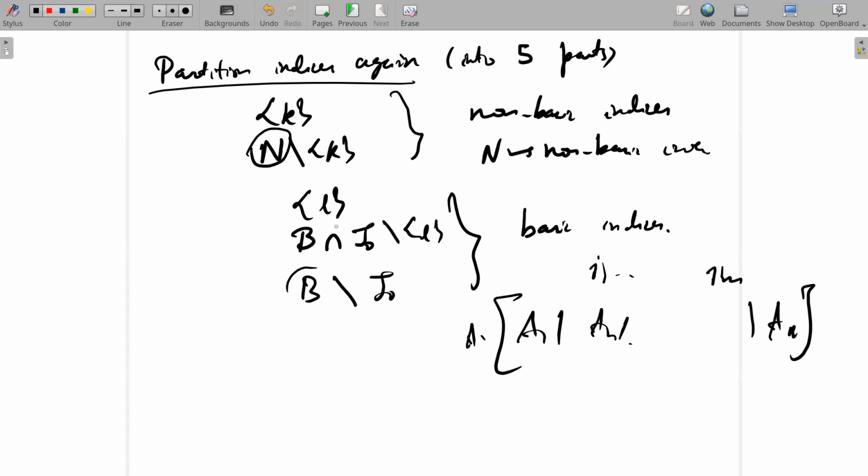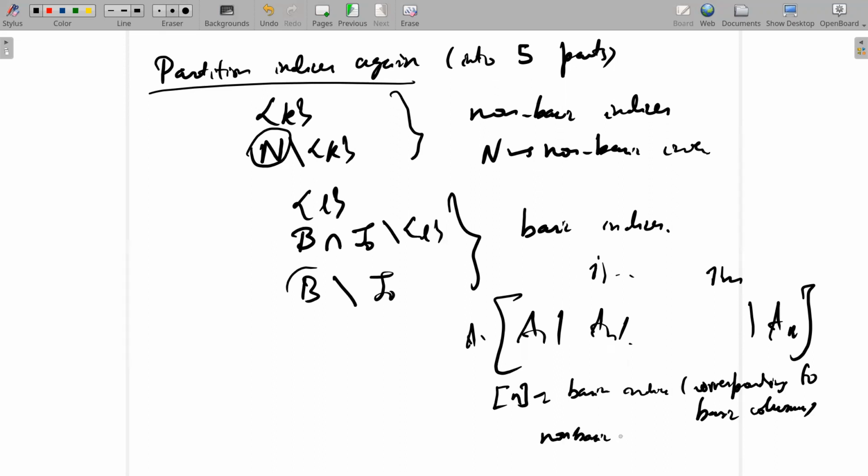Those were the basic columns. N refers to the indices. So essentially you're partitioning N into basic indices, corresponding to basic columns, and the remaining are known as non-basic indices. Does that answer your question? Yes, I got it. Okay.